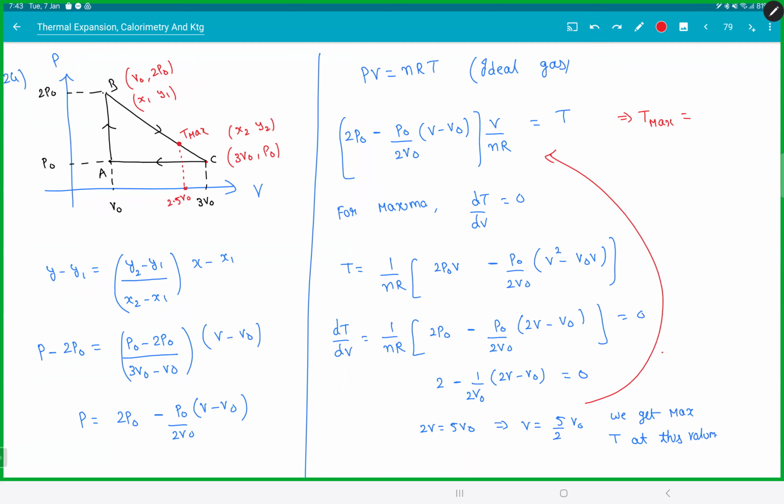V0, V0 will cancel. 3 by 2, 2 minus 3 by 4, that is 8 minus 3, 5, V0 by 4. 5 and 5 is there, 25 P0 V0 by 8nR. That's your maximum temperature.